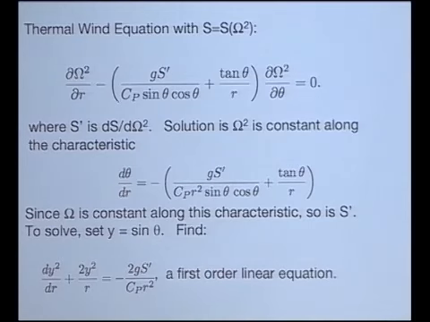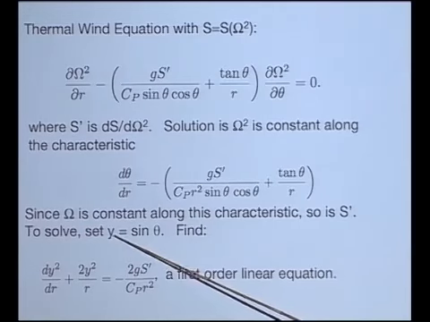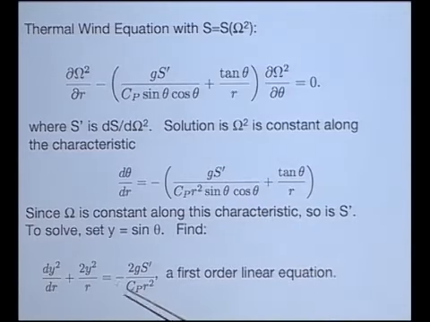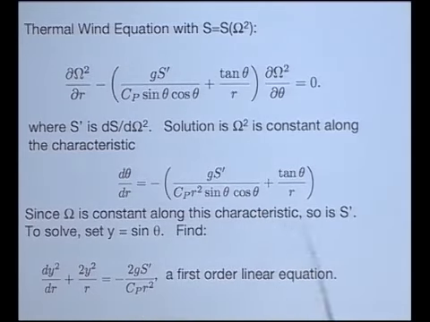So I have an ordinary differential equation in theta and r, and then a function of theta and r on the right side. That looks a little bit messy at first, but in fact, it has a very gratifying simplification.